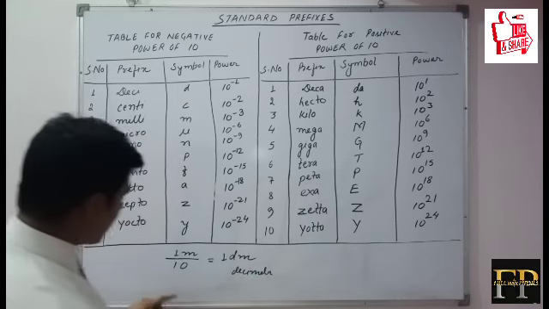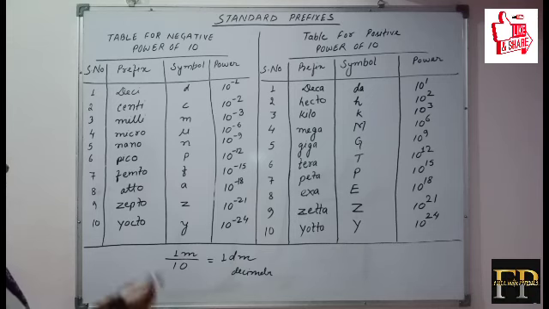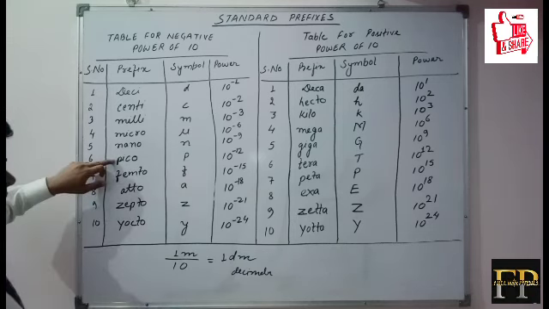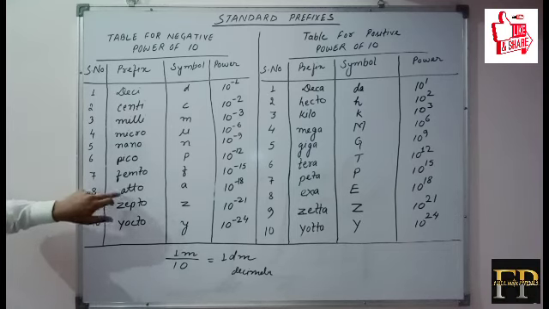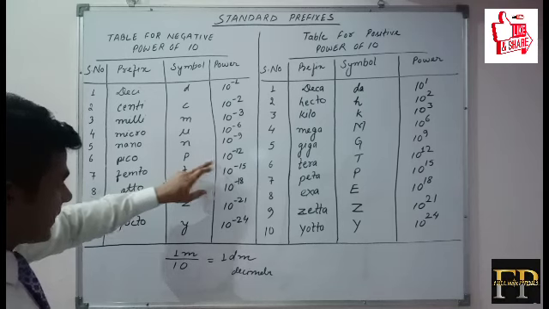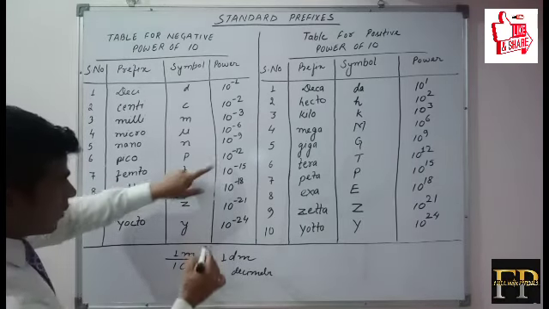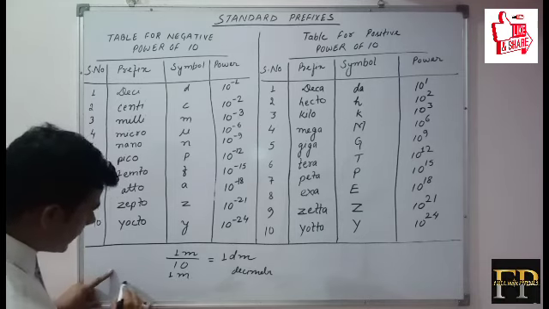And if we talk about the very smaller unit of the length, which can be picometer, femtometer, attometer, then let's take the example of picometer. It means picometer is the unit of what, length.